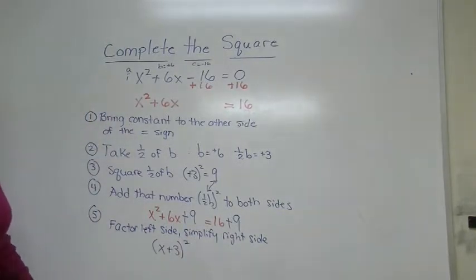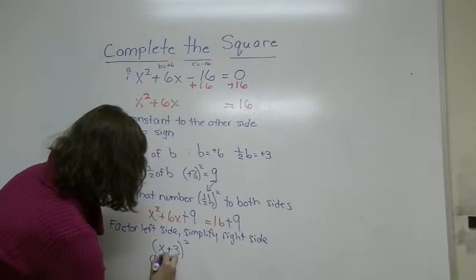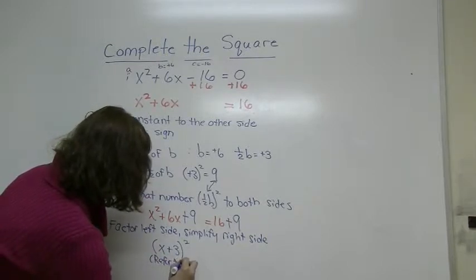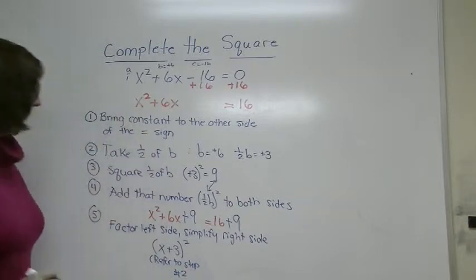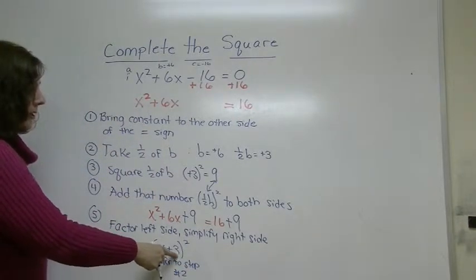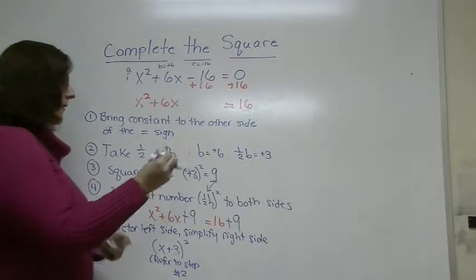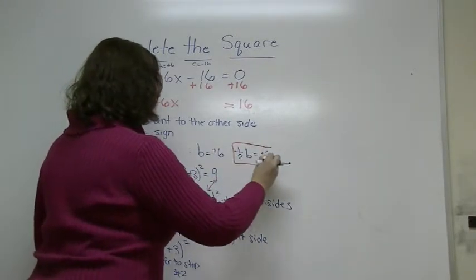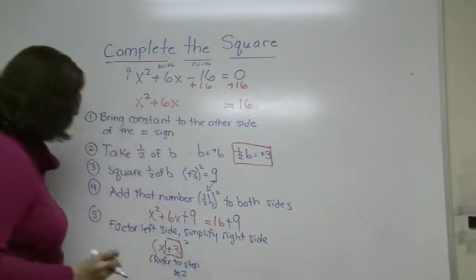So you don't even actually have to think through the factoring for that. Just refer to step number 2. That tells you which number to put here when you're doing your factoring. So this value right here is the number that's going to go right there.